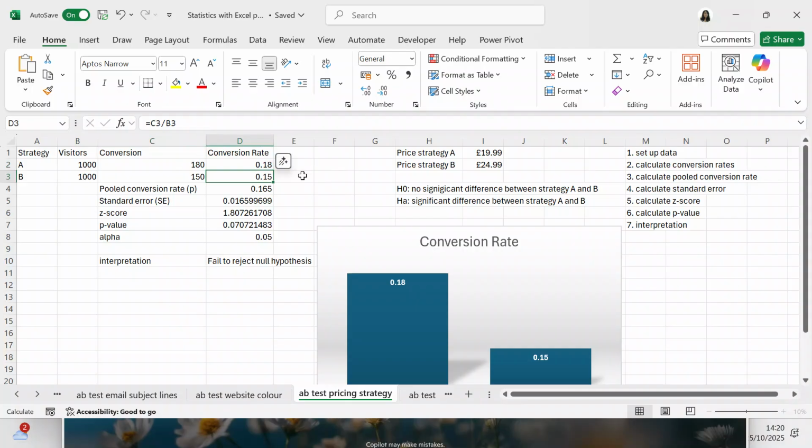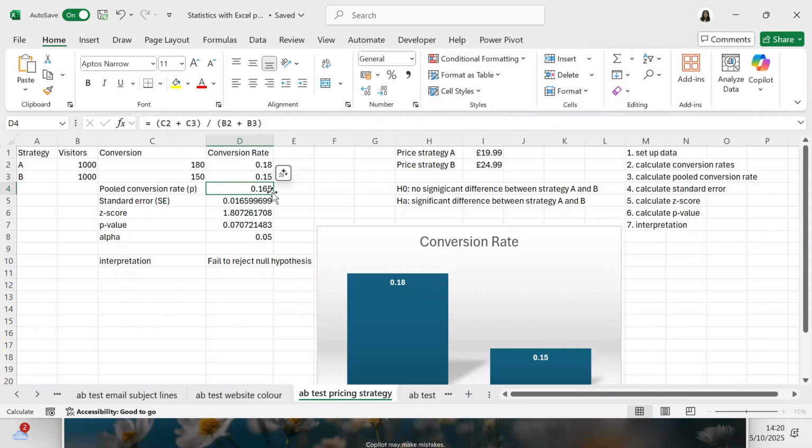And you can see you calculate the conversion rate by C divided by B. So that's 150 divided by 1,000 is 15%, and 180 divided by 1,000 is 18%.